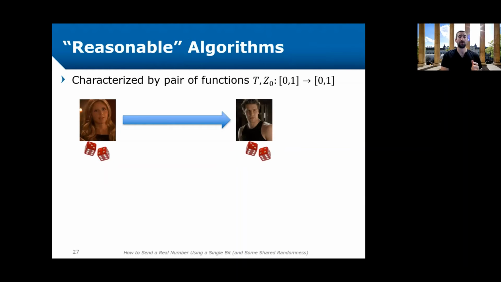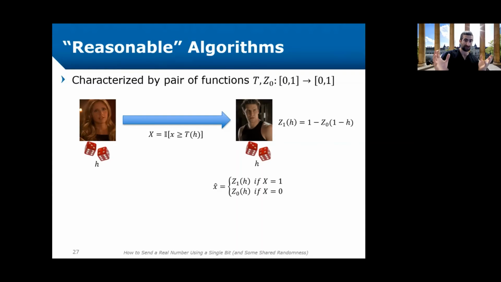The algorithm would just be that Buffy sends 1 if X is larger than the threshold T of H. And Angel will estimate X as Z1 of H if the message was 1, and Z0 of H if the message was 0. Actually, Z1 of H would just be the symmetric analog of Z0: Z1 of H would be 1 minus Z0 at 1 minus H. So it's enough to look at just these two functions, T and Z0.